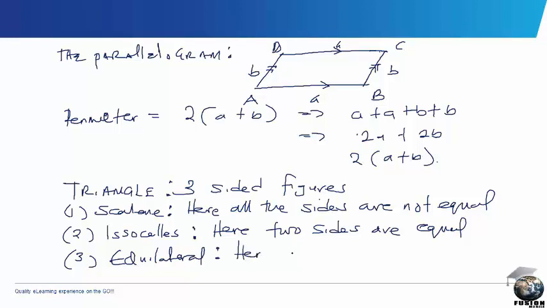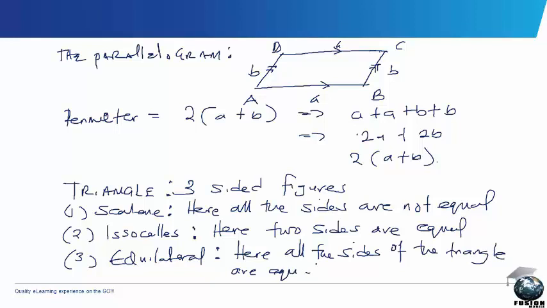Here all the sides of the triangle are equal. We have to consider the properties of the area and the perimeter. A triangle has this shape.